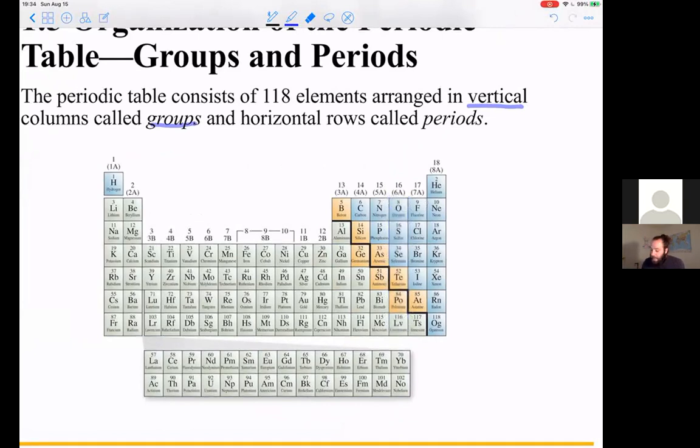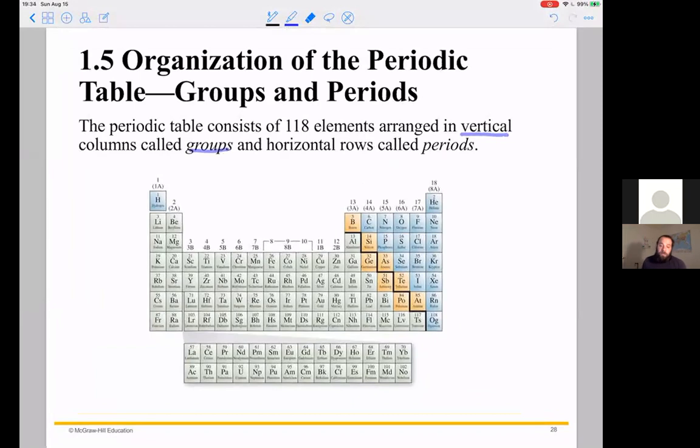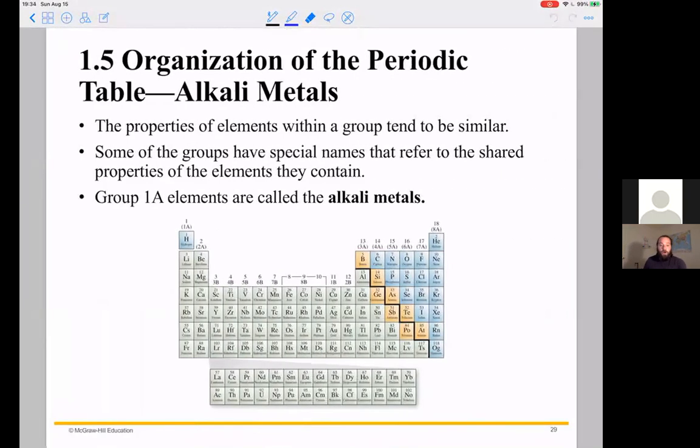And because of that, these groups, some of them at least, have their own special names, okay? So the first one here is called the alkali metals. I actually don't know if hydrogen's included, so we're gonna say it isn't.